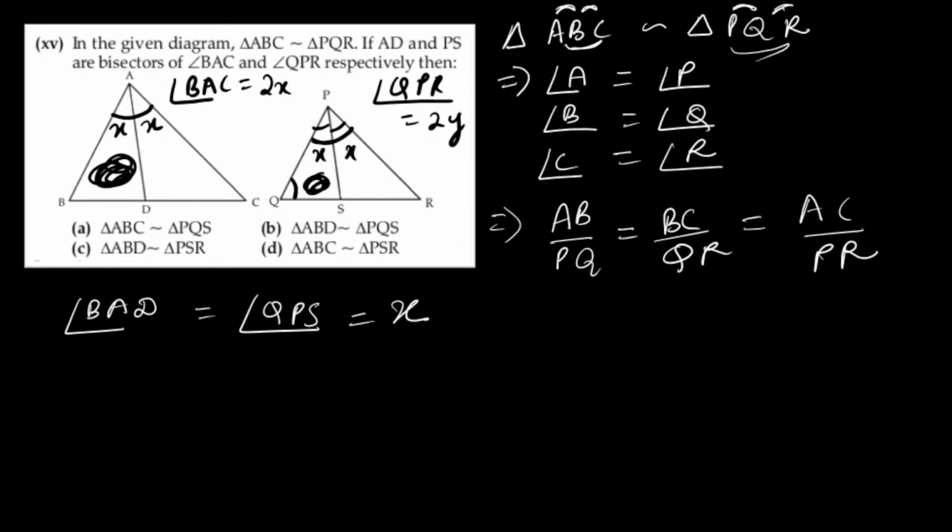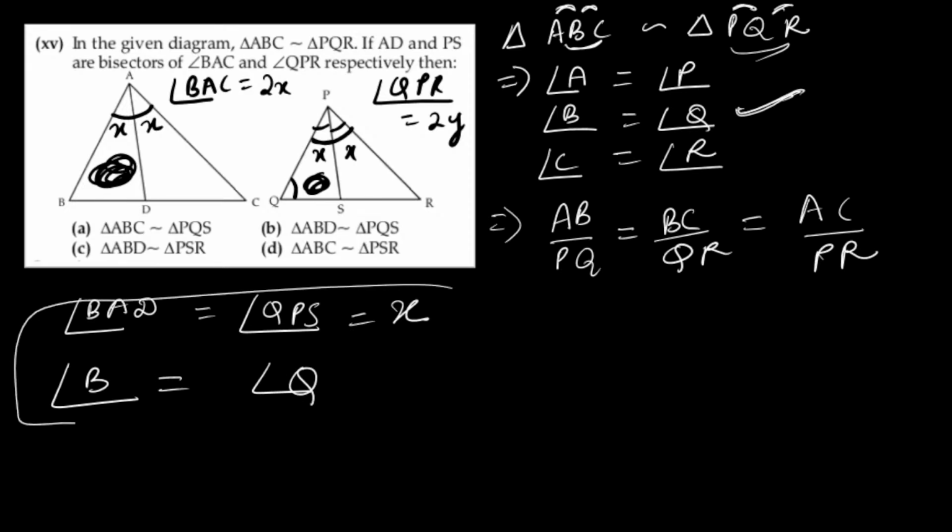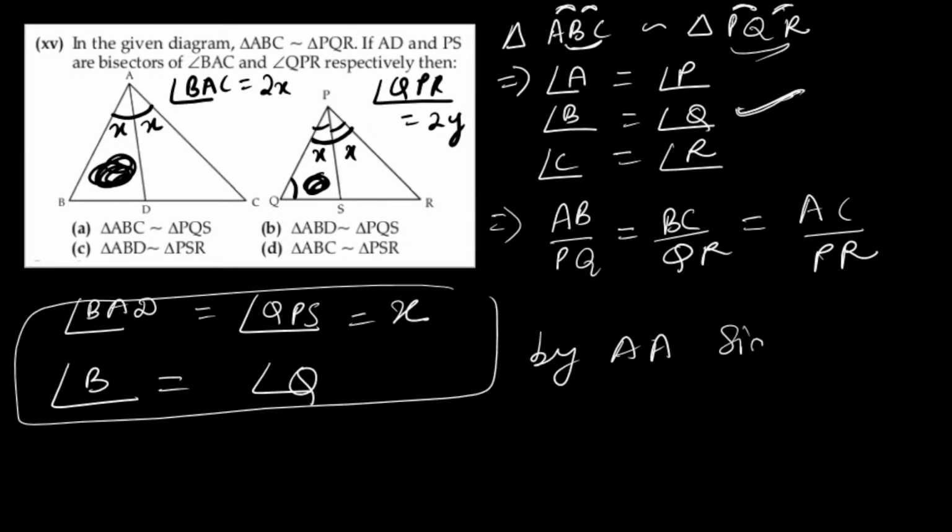I have shown you why both of these are equal to x, because of the bisectors. Then angle B is equal to angle Q, which is in the given condition only. So if two angles are equal, by angle similarity these two triangles are similar to each other. So option B is the correct answer.